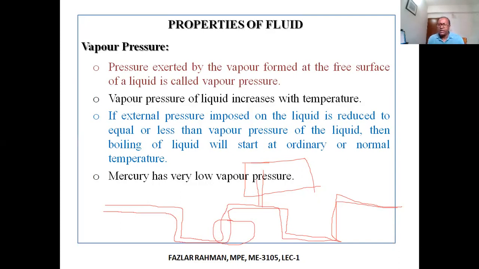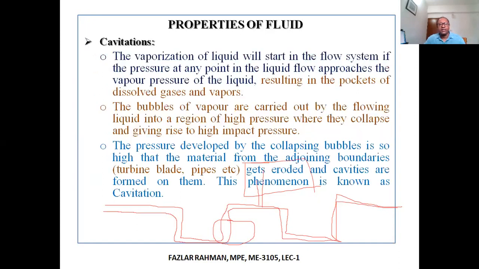Say in a pipe system. So in our kitchen, water is boiling at what temperature? Boiling at 100 degrees Celsius, right? And what is the pressure? 14.7 psi. So you work in the chemical industry and liquid is flowing along this direction.